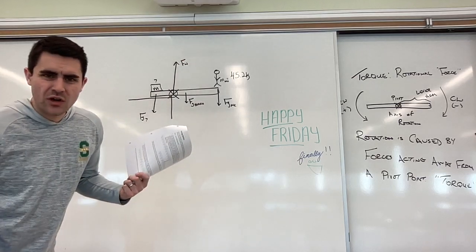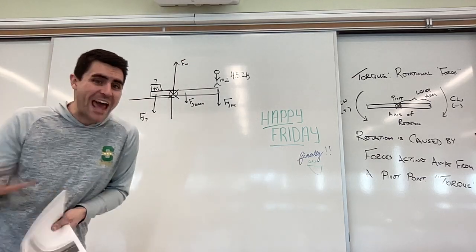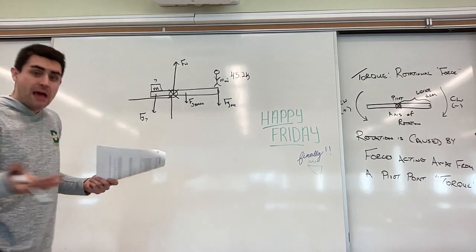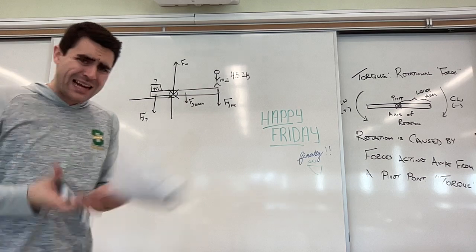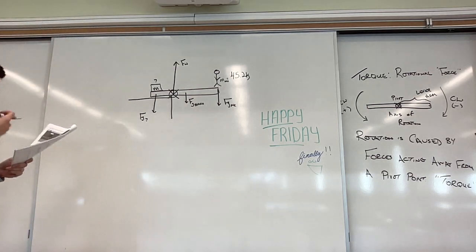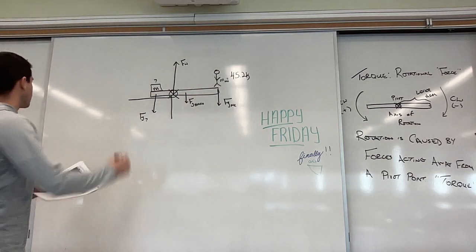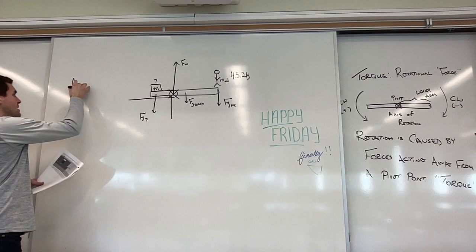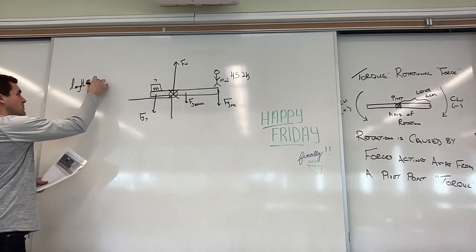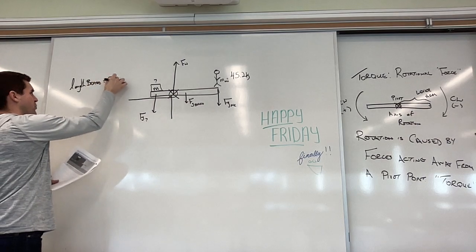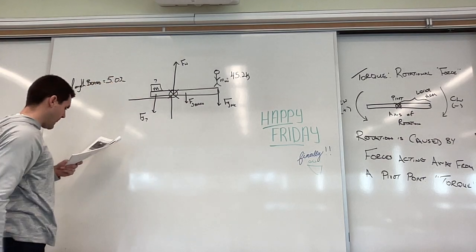Is that force going to cause any torques? No, it's at the pivot, so no, that doesn't matter, but it does need to be there so I have balanced forces because this thing is not in free fall. Let's think about some other things. Over here we'll write the length of the board is 5.03 meters.